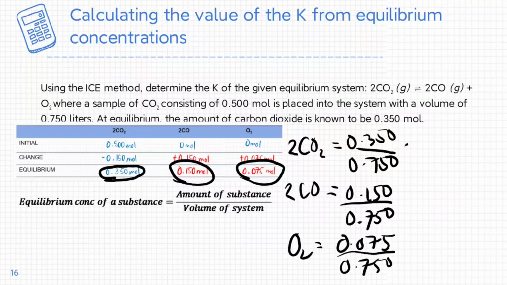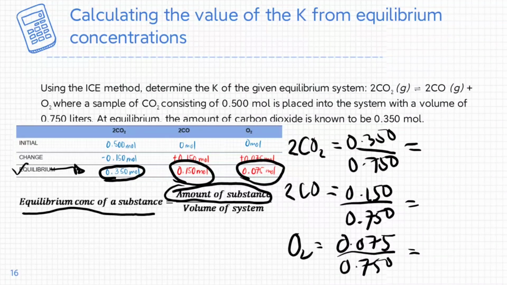Now, you compute all of this, no? Again, saan natin nakuha yung numerator and denominator? Ayan. Equilibrium concentration of a substance, amount of substance in equilibrium, yung pinaka-last na row, and then volume of system, which is found in your problem. So, in this case, 0.750.